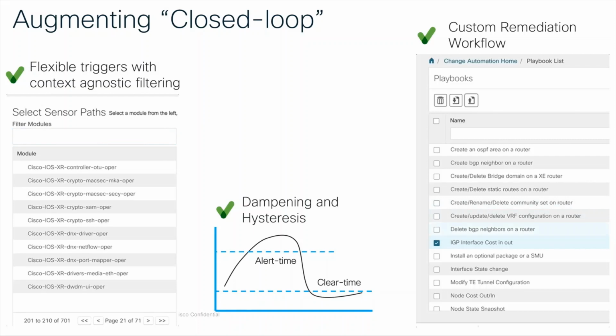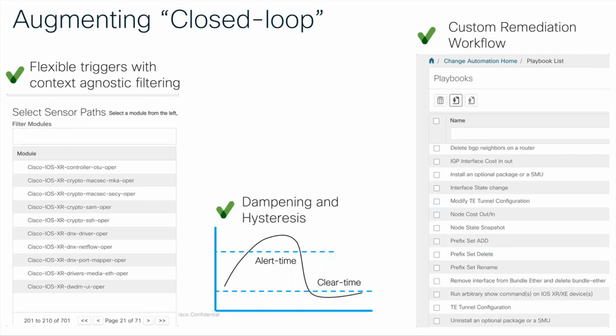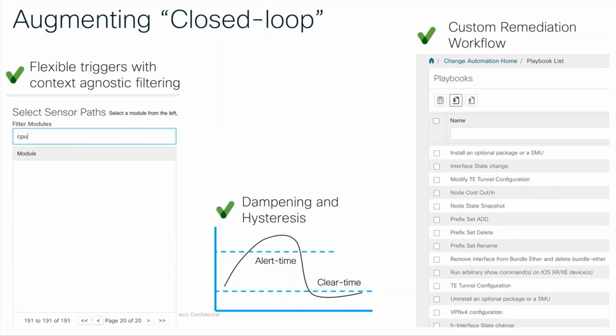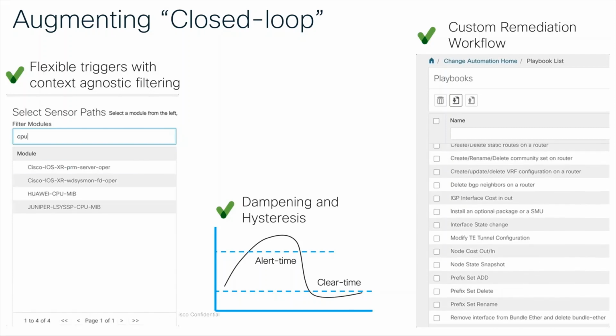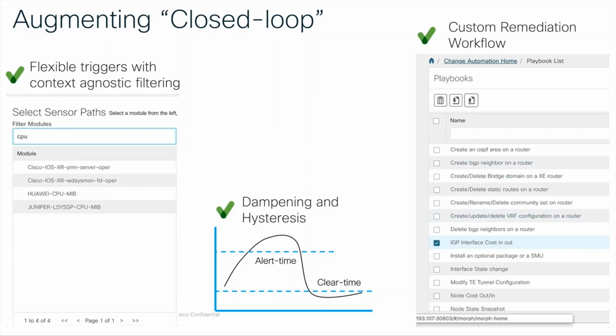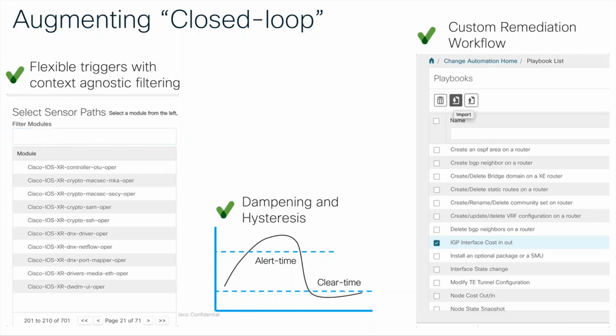So we can tie a playbook to the KPI, saying that whenever an alert on this particular KPI has been raised, please run this particular action to fix this. So we form a closed loop by doing this. A good example here would be, we would monitor the state of the interface. If the interface is flapping, we would run a playbook, which is interface state change, to shut the interface down. So it's a very simple and powerful example.